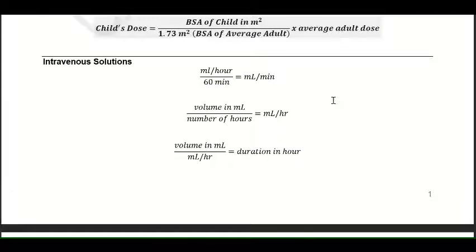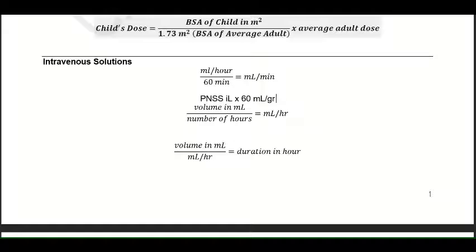For your intravenous solutions, to determine ml per minute, that would simply be ml per hour divided by 60 minutes. Okay, a typical example would be, for example, the doctor would say plain NSS 1 liter times 60 ml per hour.